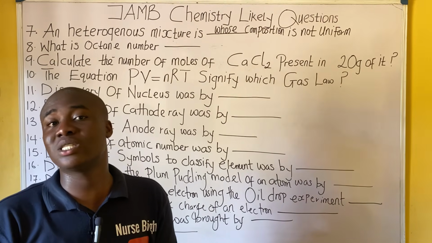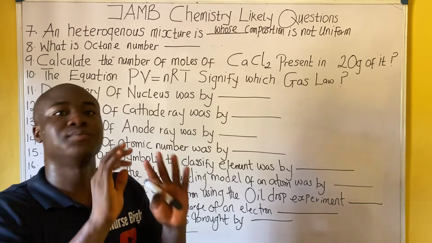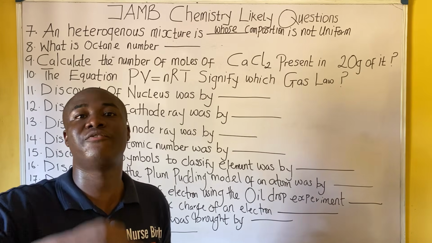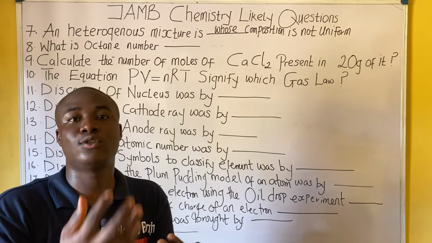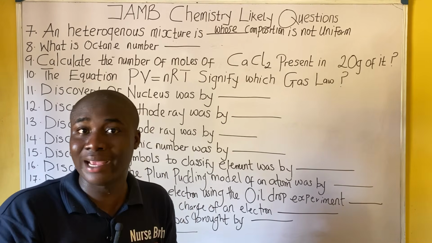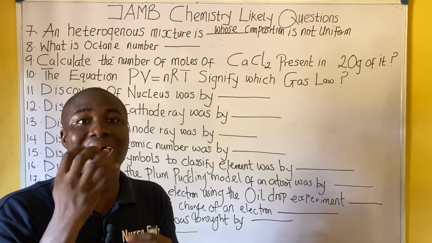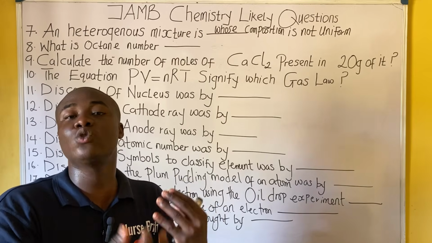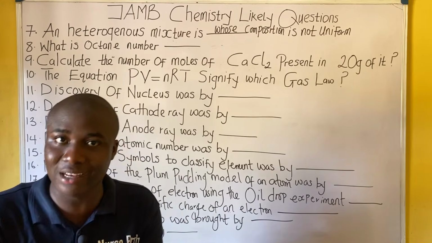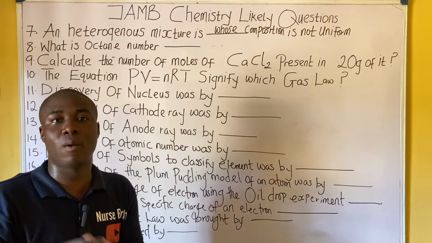We have engines that have higher octane numbers and engines that have lower octane numbers. Those engines that have very high octane numbers, it is due to the quality of the fuel that is part of the engine. So those engines are much more powerful than engines with lower octane numbers.